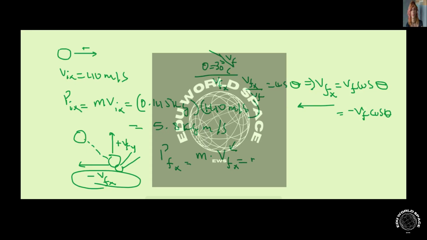So simplifying this problem, we have m times the final velocity in the x, which is negative v final cosine of 30. And then to plug in the numbers, 0.145 kilograms, that's the mass, times negative the final velocity.